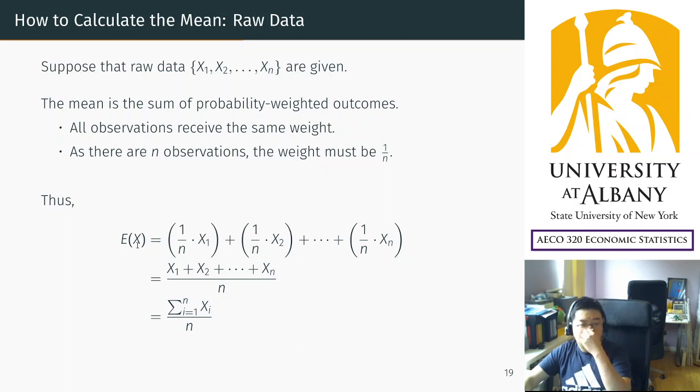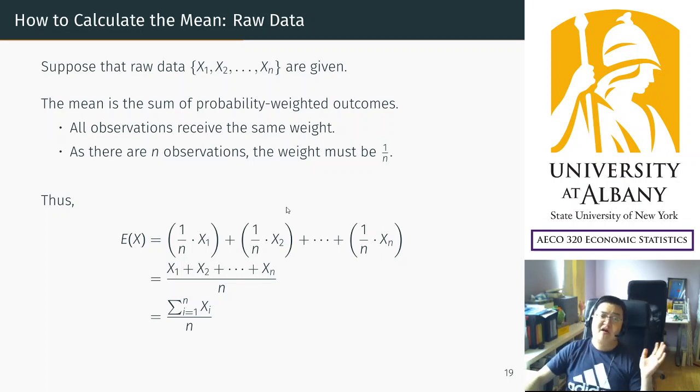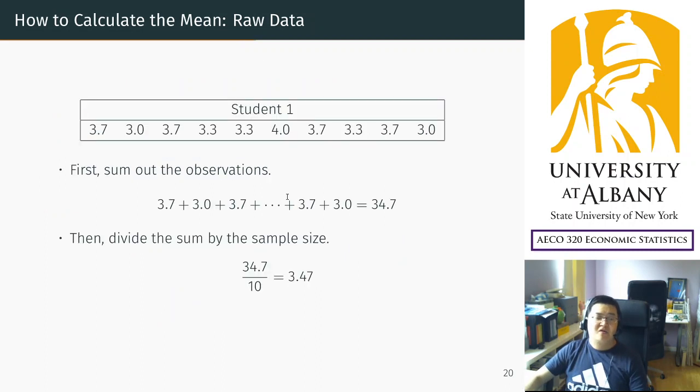So this is the definition of how you calculate mean when you have raw data, when you have n observations. Easy. This is the way you calculate average. There is no problem. That is a correct way. For example, if you use these 10 numbers, you don't need to put 1 over n on each number.